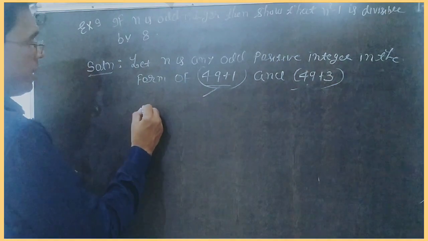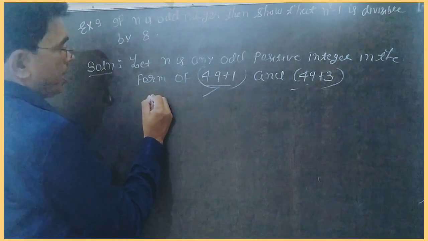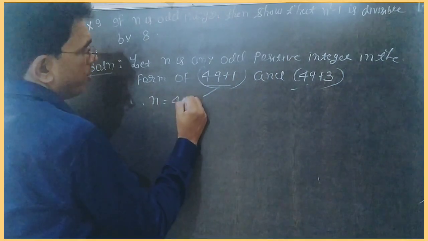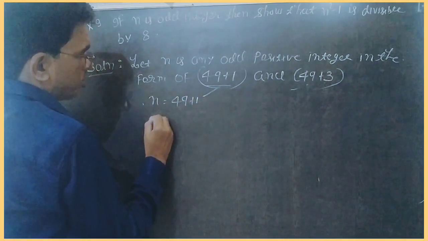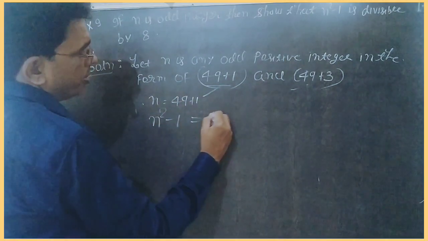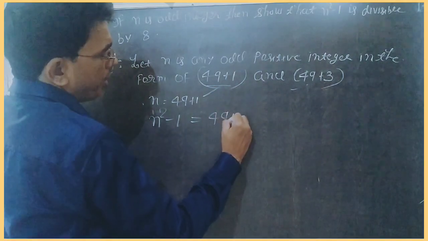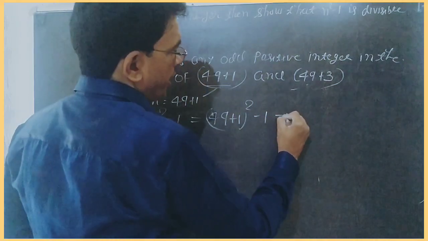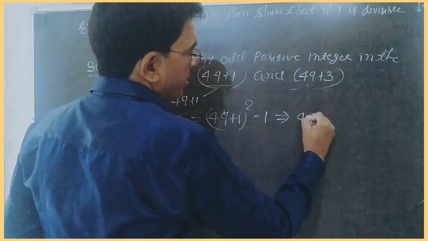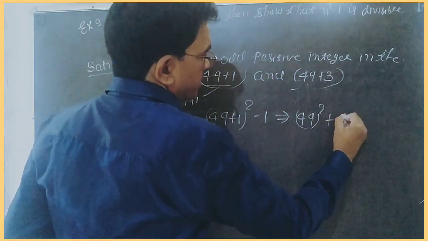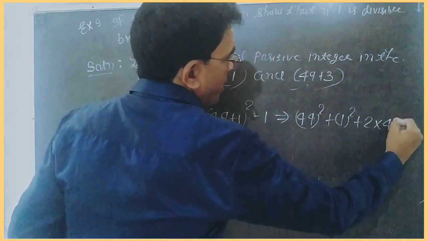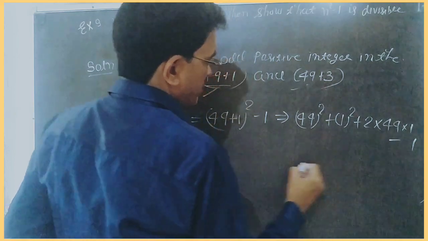Now substitute their value. Case first, n is equal to 4q plus 1. So what is the value of n square minus 1? You write here 4q plus 1 whole square minus 1. Then a square plus b square plus 2 into a into b, minus 1.